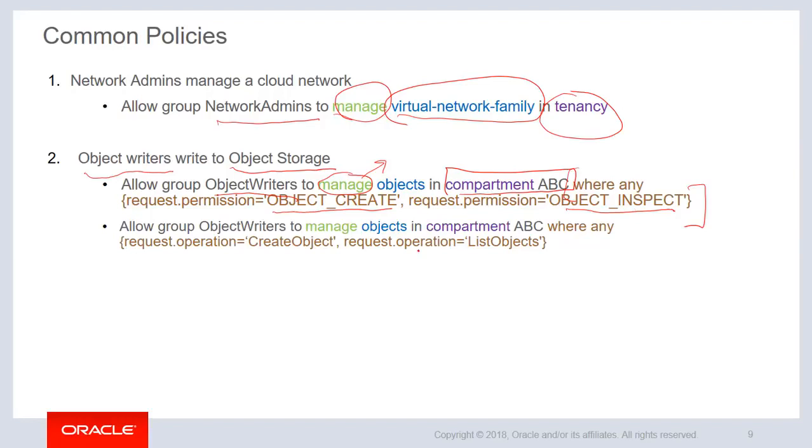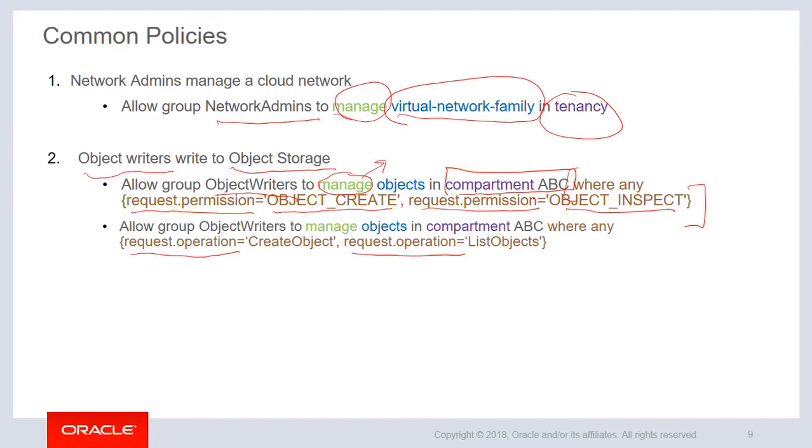The next policy is similar, but the difference is we have something called request.operation, and it is the same thing, create object and list objects. In the previous policy, we had something like request.permission. So when you write a conditional statement, you could specify your variables, and request is an object.